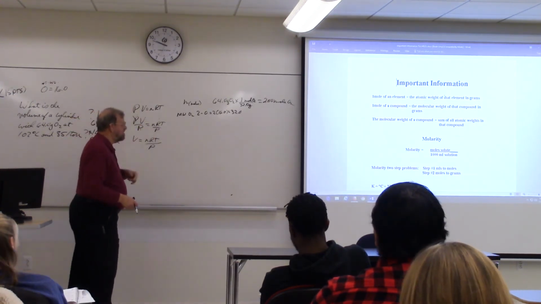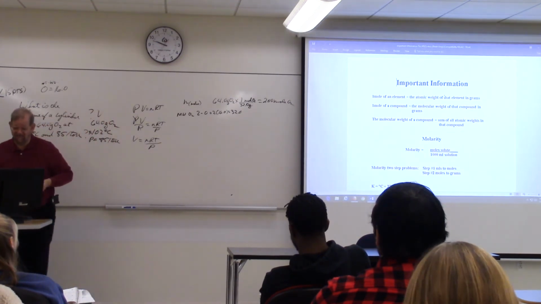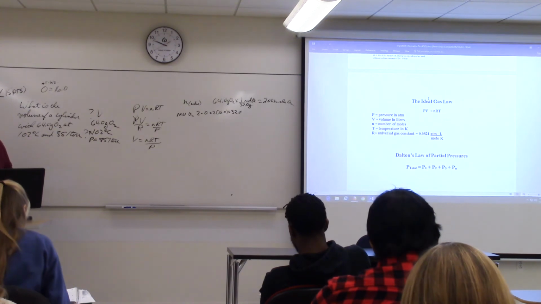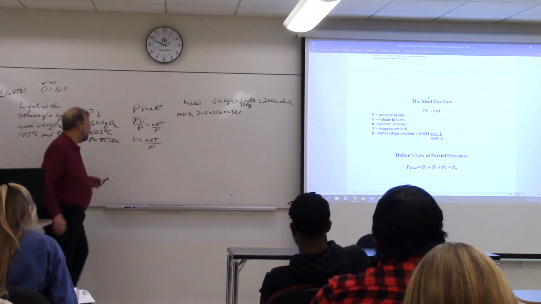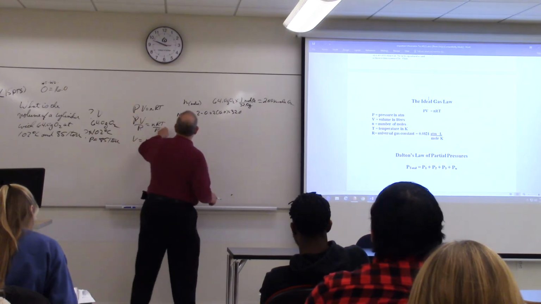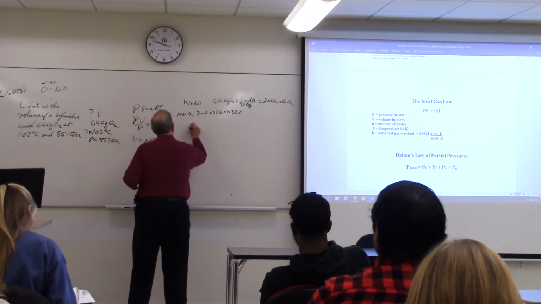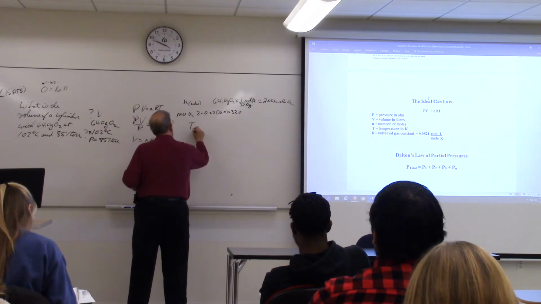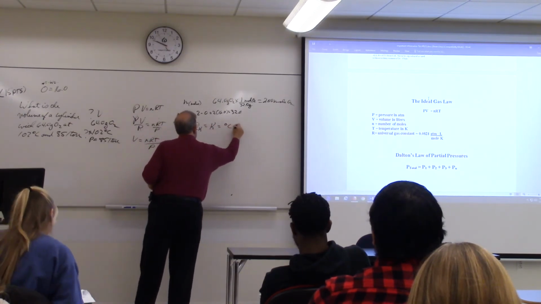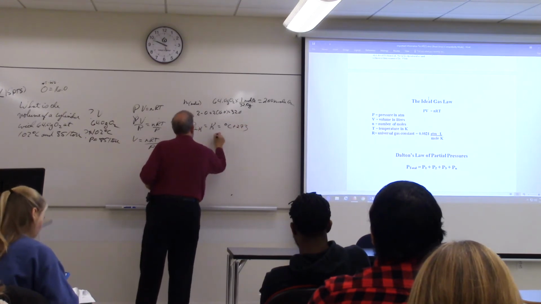Well, R I'm given. If you look at important information, you're given this, so I don't have to do that. Next, temperature, and temperature is in K, and K equals degrees C plus 273.